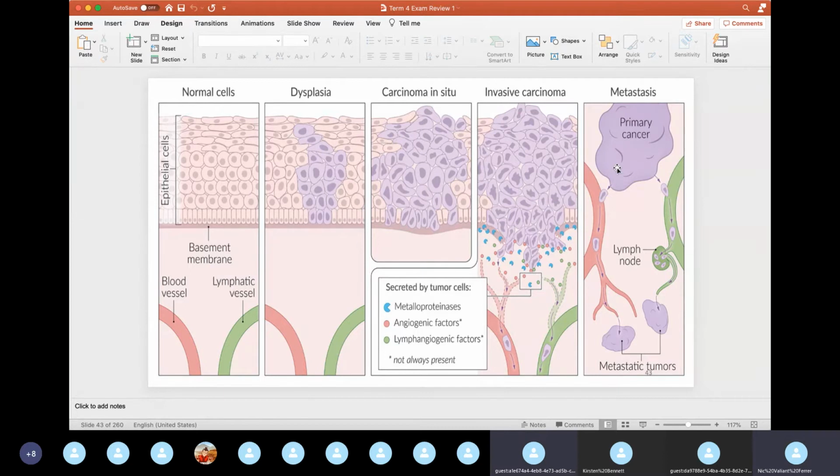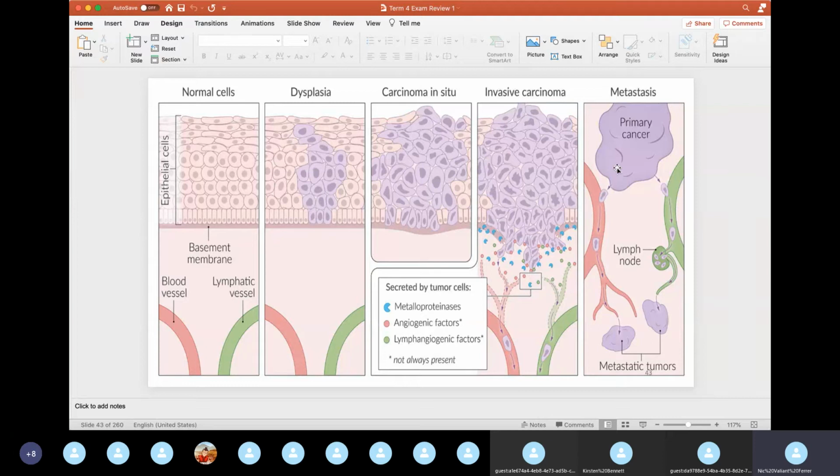Zinc. Excellent, zinc. What else, aside from your metalloproteinases? Collagenases. Collagenase, by the name itself. What's the function of a collagenase? Break down collagen. Exactly.